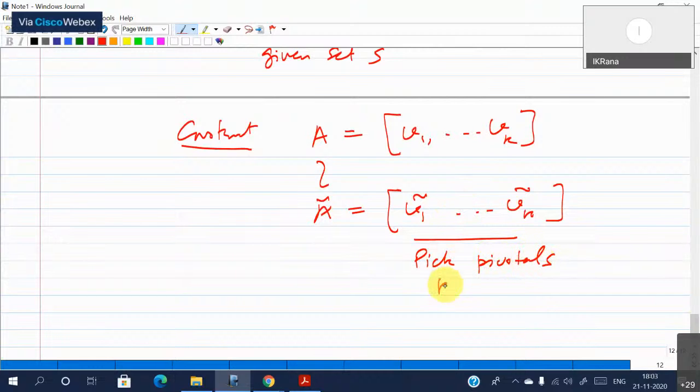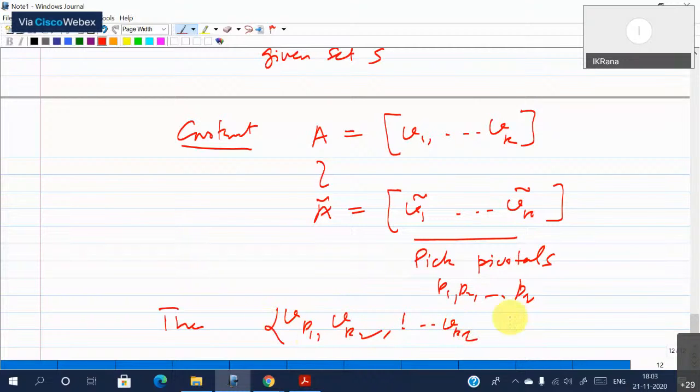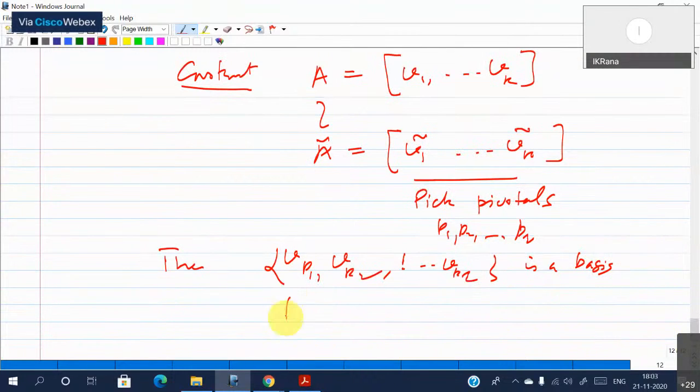So P1, P2, PR are the pivots. Then VP1, VP2, in the original, VPR is a basis for the linear span of V1, Vk.